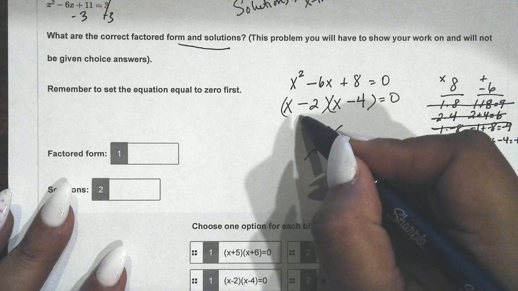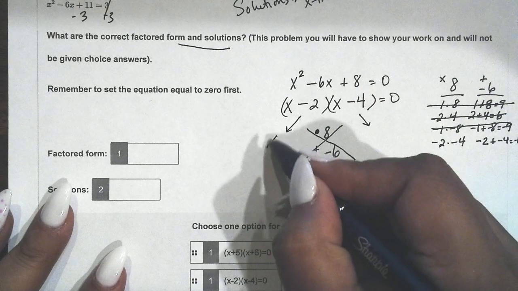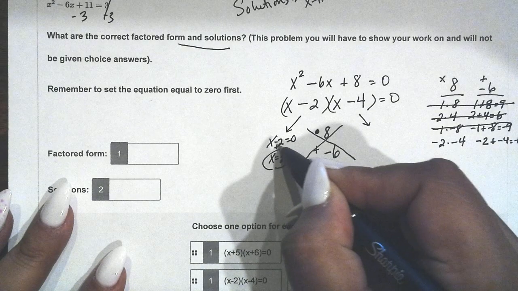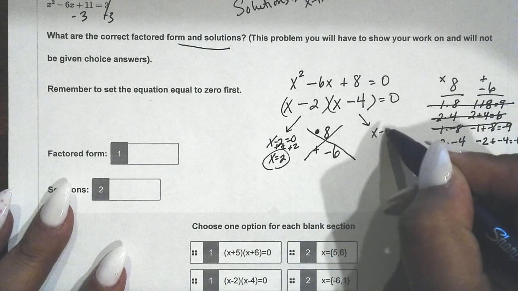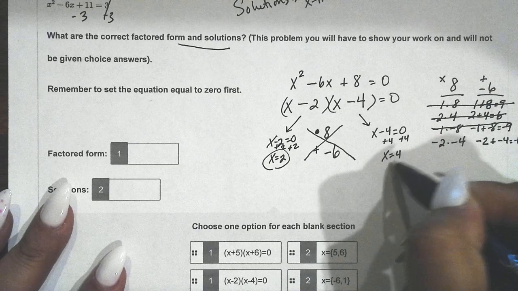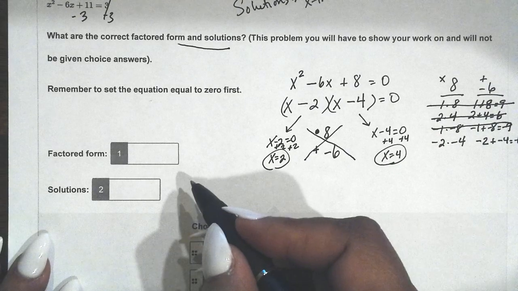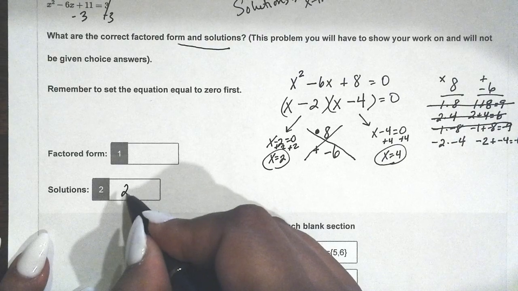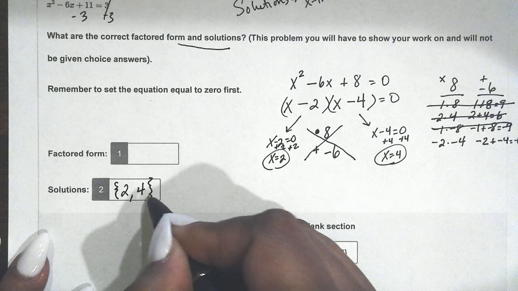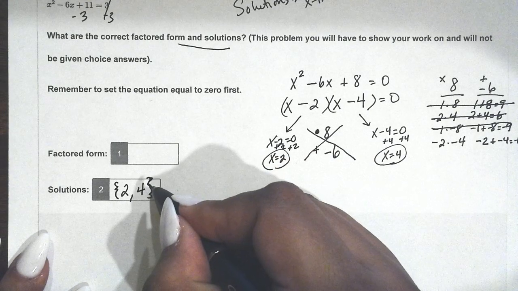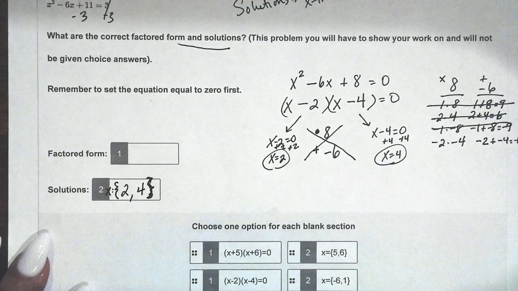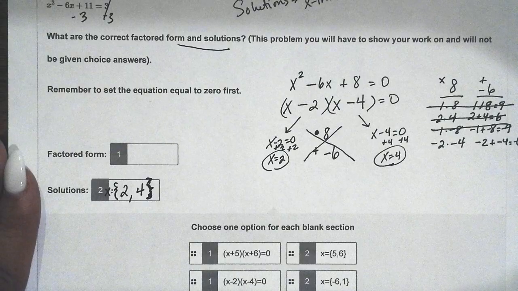So what you're doing is setting both factors equal to 0 and solving for x. So what are my solutions? My solutions are 2 and 4. Those are my zeros.